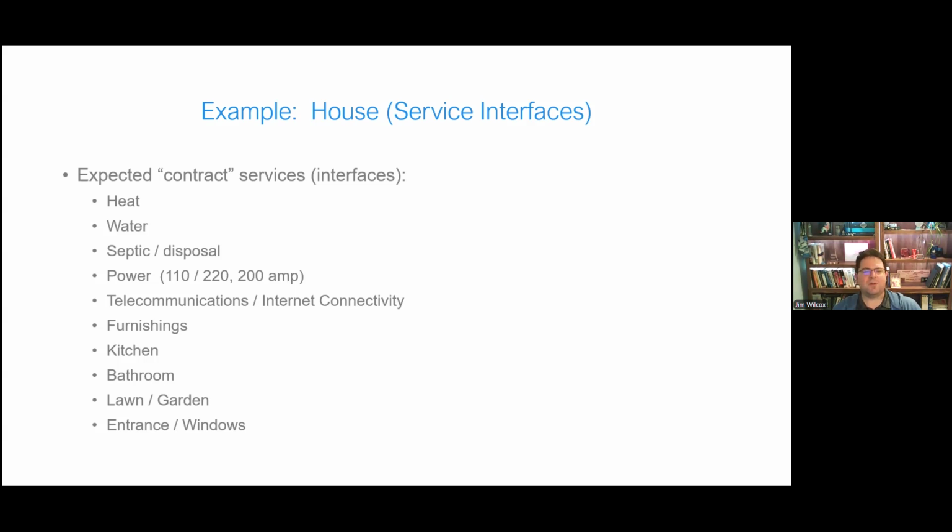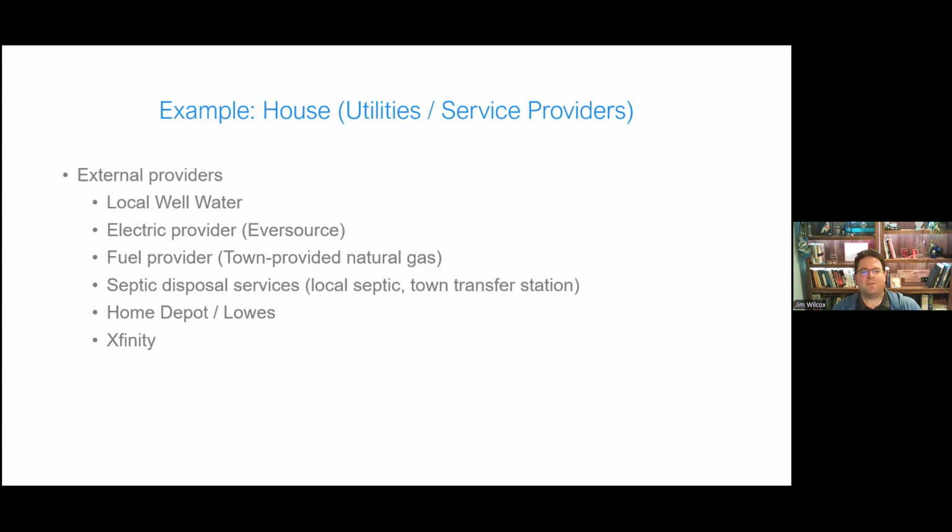And so these are services or interfaces you could think of as things that a house consumes to make available to the people who inhabit it. All of those things might need to be provided by external providers. For example, your external providers for the water service of the house would be maybe local well water or town water or something like that.